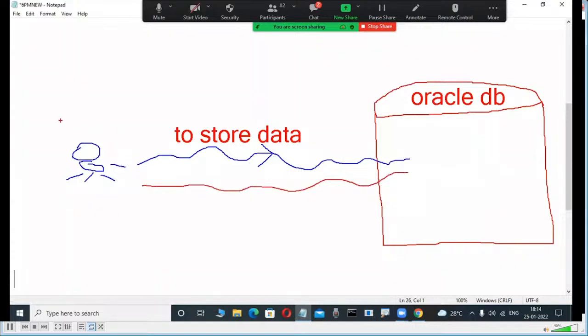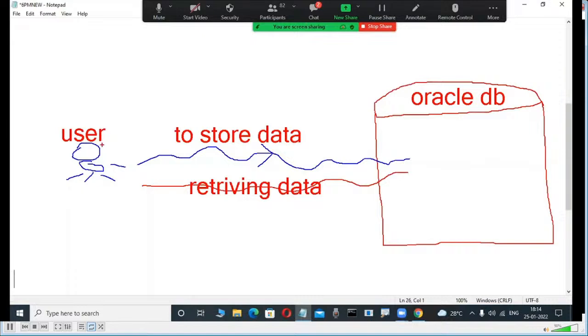For example, this user wants to store data into the database or retrieve data from it. You may think users interact directly with the database, so they can retrieve and store data directly. No, it is not possible.